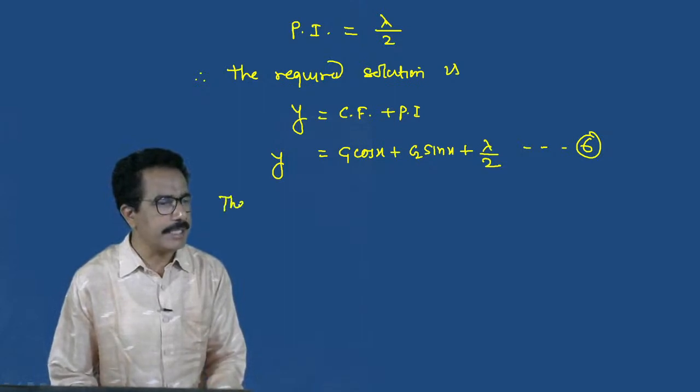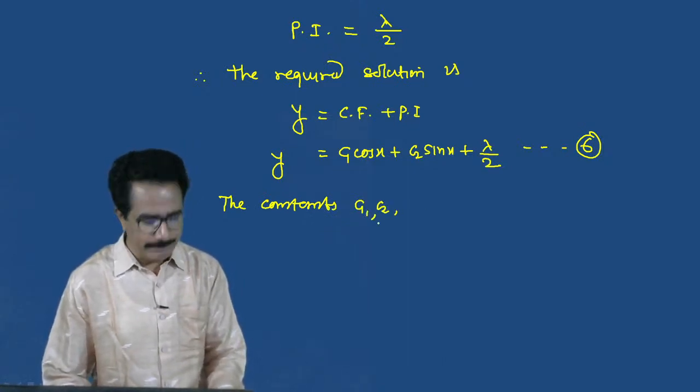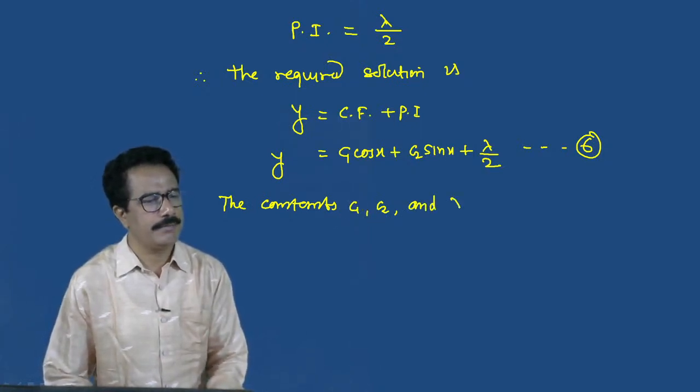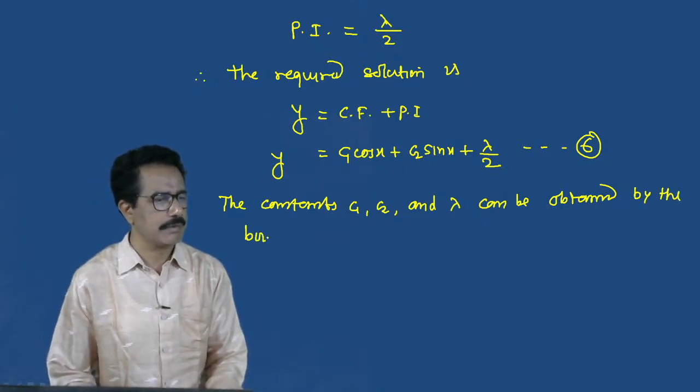The arbitrary constants C1, C2 and lambda can be obtained by the boundary condition.